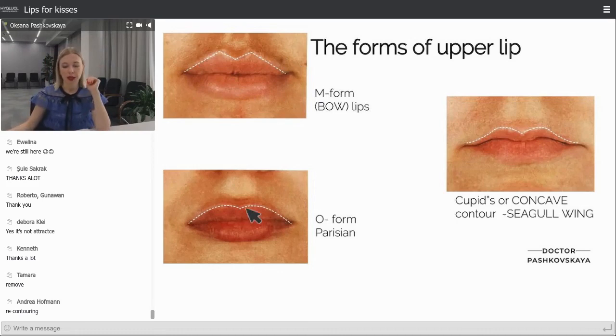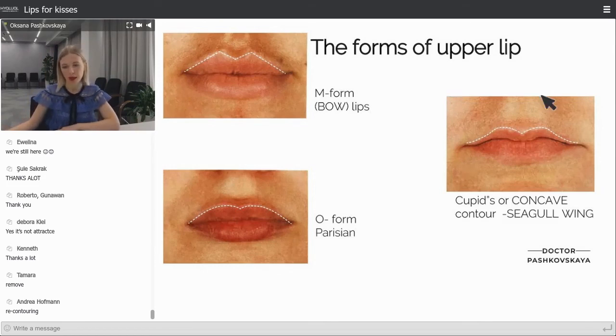The other one, O form, the Parisian form, is also pretty nice, but you could also work with vertical injections and achieve good results. Please take into account these forms, because later I will ask you about them.